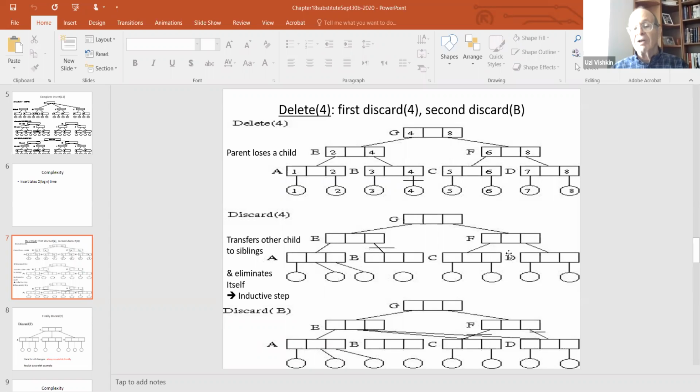I need to discard one of them. So here I give priority to the left guy to remain alive. So I kill the F. Okay, and make all the 3 children that remain in the level just above the leaves to be children of E. So F is now being discarded.